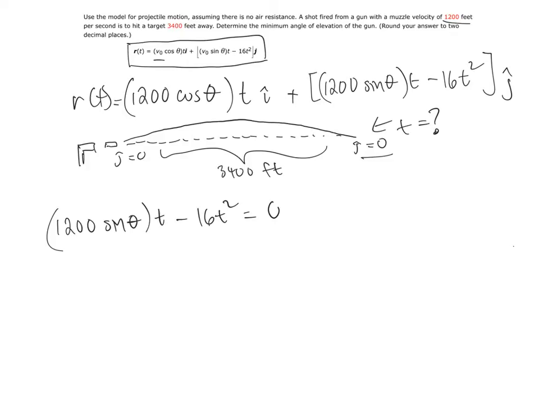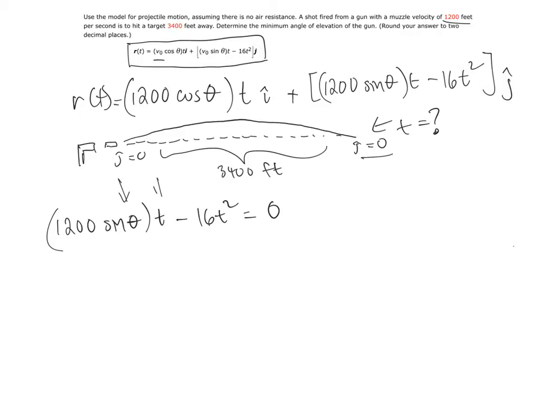The goal here is to eliminate the unknown variables into one variable, and then we just solve for that variable. Right here you have the unknowns theta and t, so we're going to solve for t, and then you plug that into the equation for t, and then you only have theta.